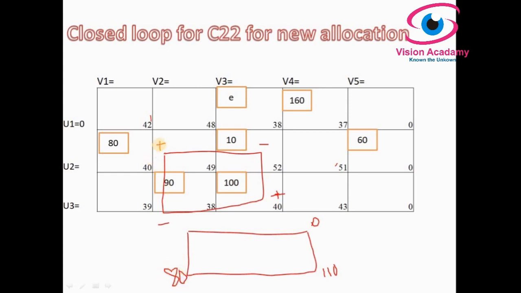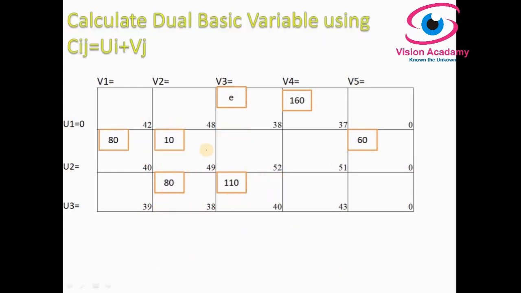And this is a plus sign and there is no allocation, so if you add 10 here, it will become 10. So there was allocation in C23, but after forming the loop, we moved that allocation to C21. So there is no allocation in C23, and in this way we formed a loop and made a new allocation. So after allocating this, let us see how it will look.